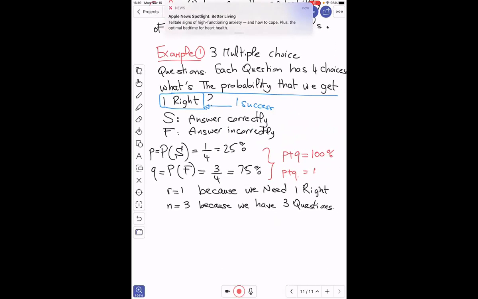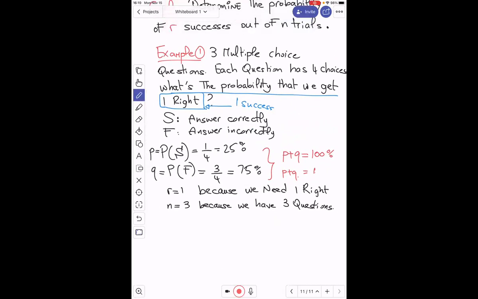So of course, the goal would be to find the probability that R is equal to 1, right? The probability that we get one right answer.